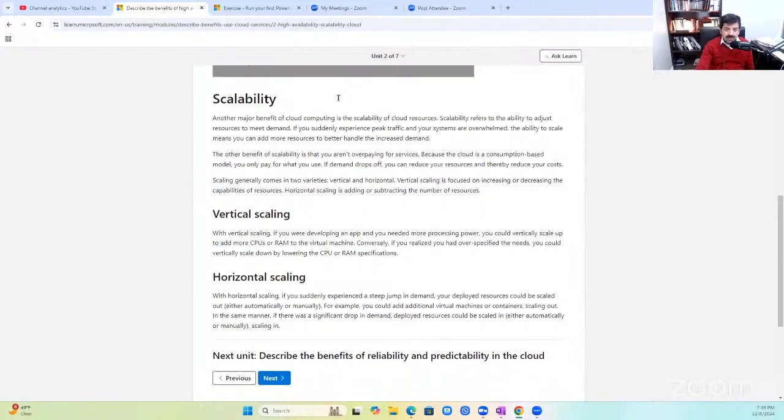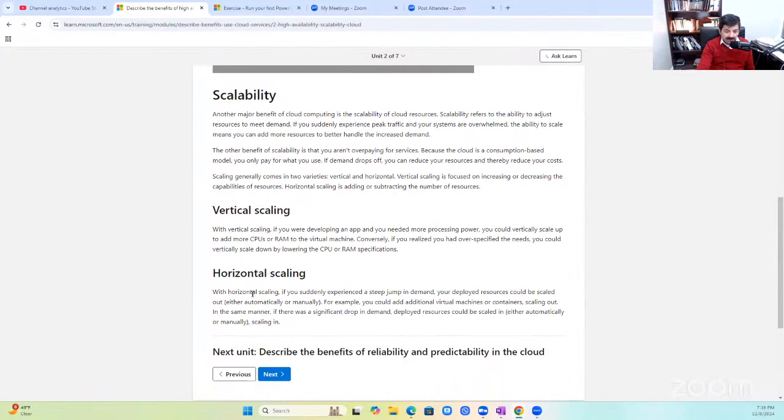Azure gives a benefit where you can set up autoscale, so based on the demand, it will automatically scale out.